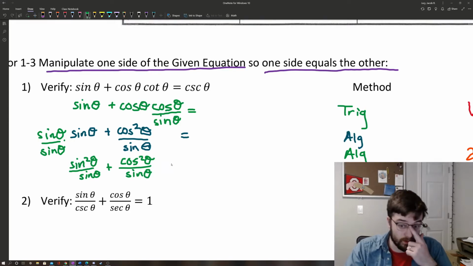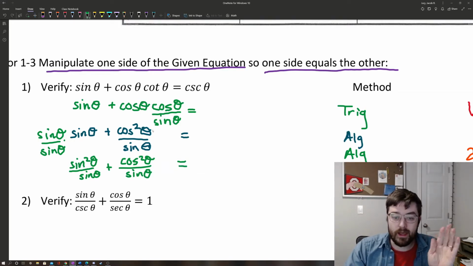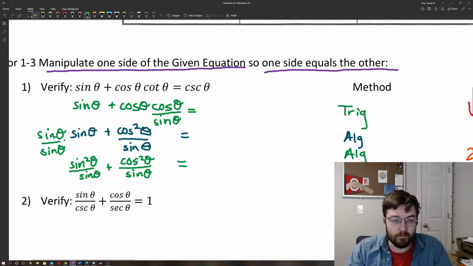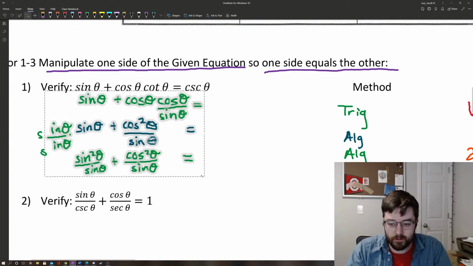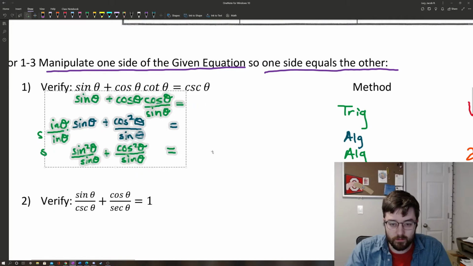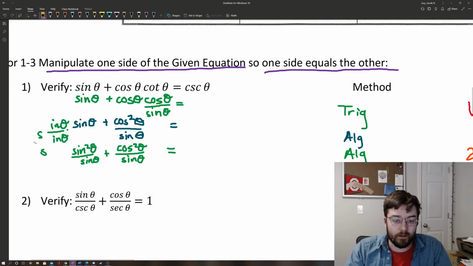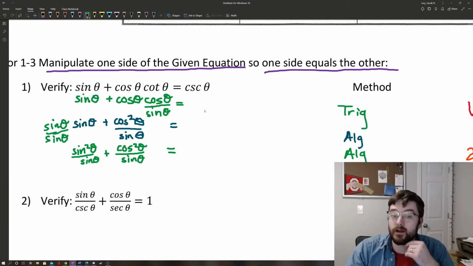All right, now this is great because now I see my sine squared plus cosine squared theta. And I'm going to try and shove this up just a little bit so we can all move on here. Oh, I forgot that little guy. Whoops. So my fourth step, it looks like it's going to be something with algebra as well.